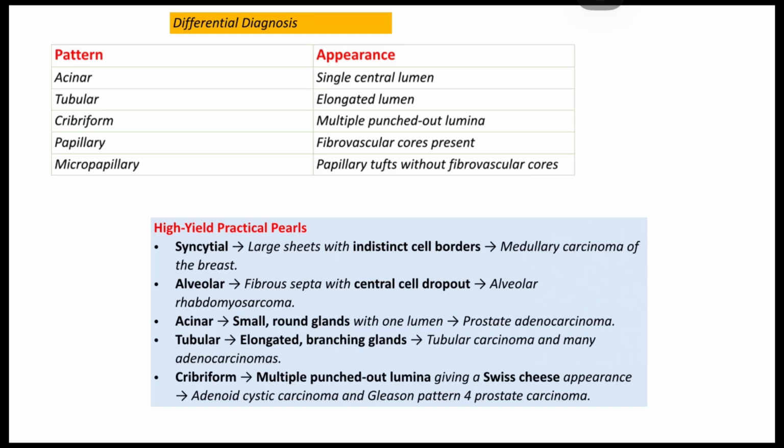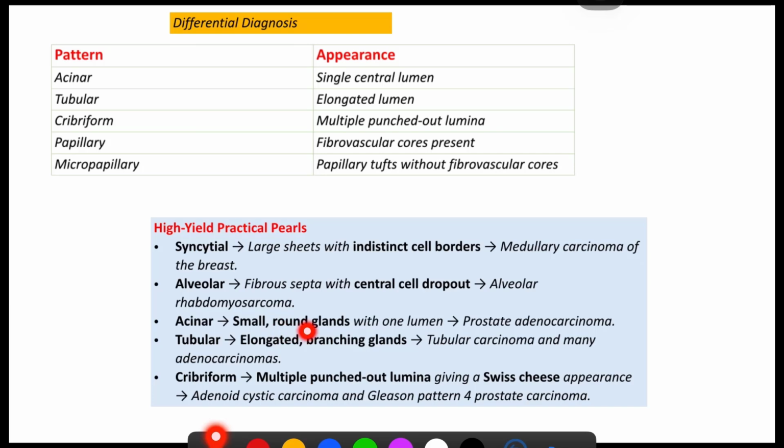Now what you have to remember is syncytial pattern, where indistinct cell border is there. Common examples: medullary carcinoma of breast, nasopharyngeal carcinoma; alveolar carcinoma, where central cell drop out resembles lung alveoli; and alveolar rhabdomyosarcoma and soft part sarcoma.